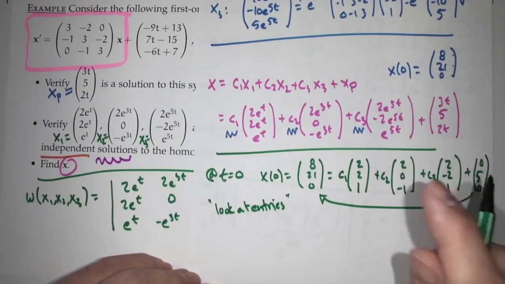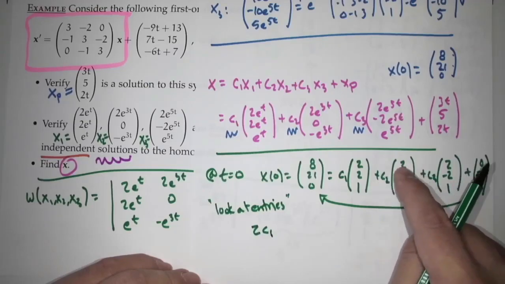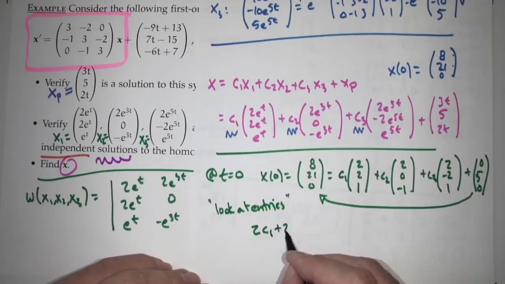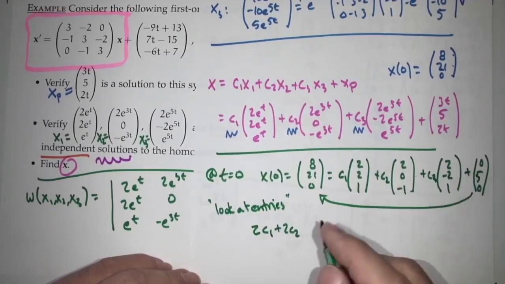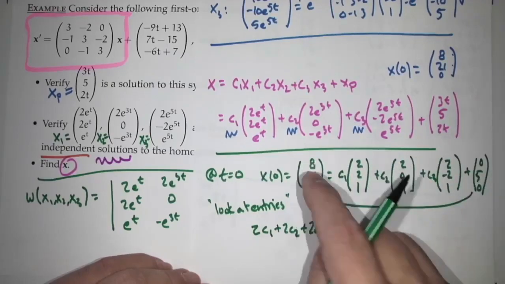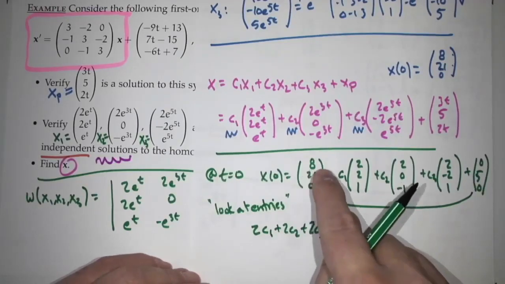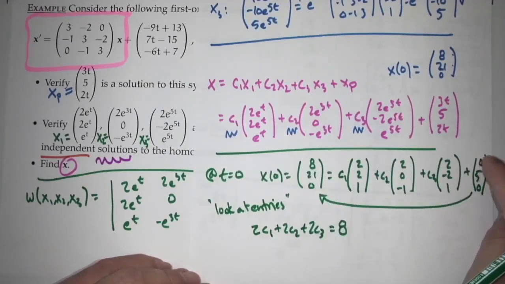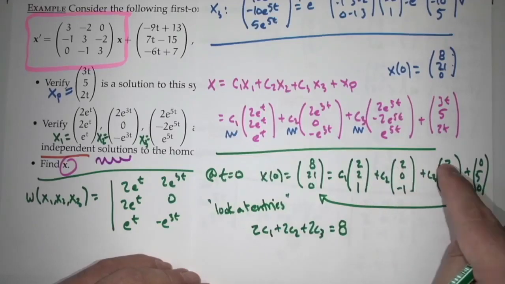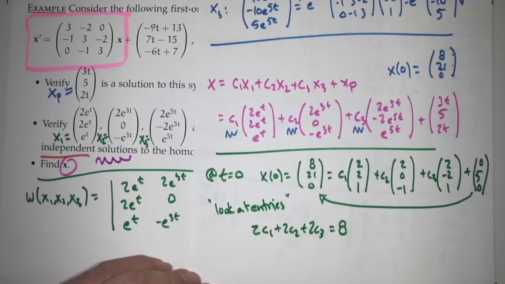In the first entry, we have C1 times 2, which is 2C1. Here we have 2 times C2. Here we have 2 times C3. And here we have 0 equals 8. So that equals 8. So I'm reading off what's happening with the first entries. 2C1, 2C2, 2C3, and 0 gives me 8. Yes? Don't worry, there's more to come. This is not the end of the story.